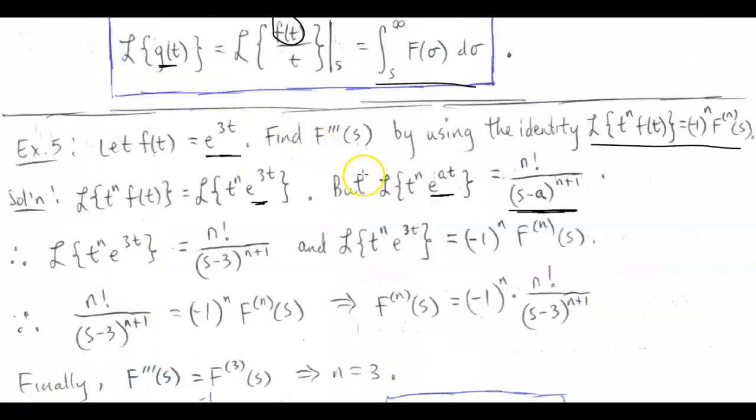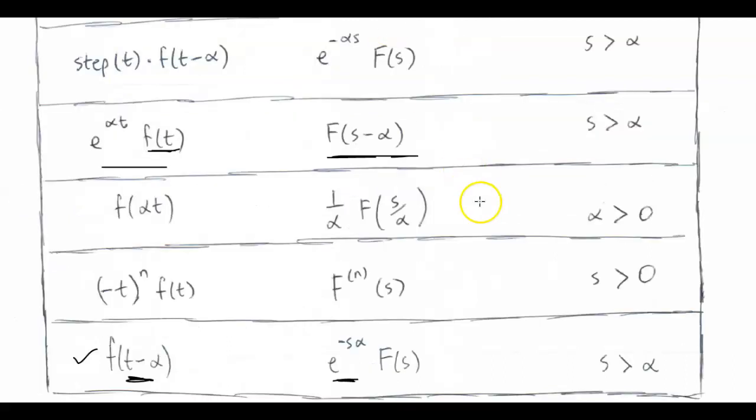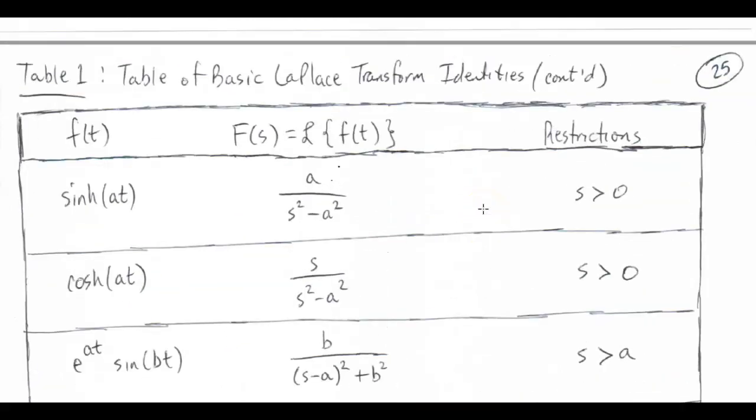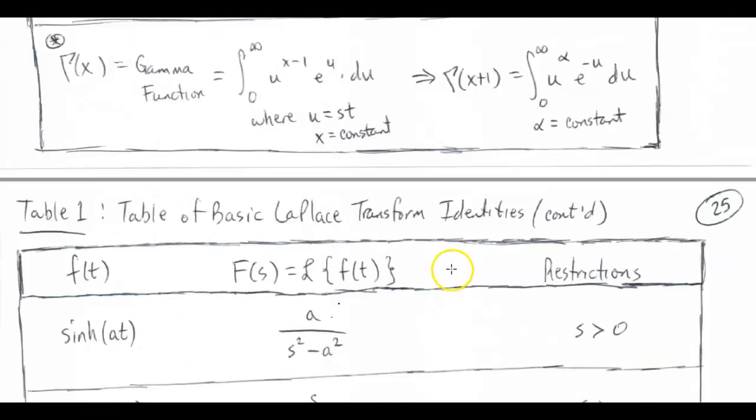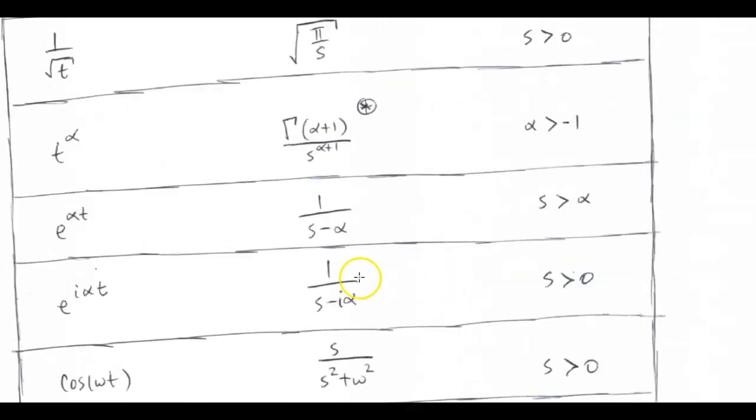So if we go back here, what we're actually seeing is we're going to take the Laplace transform of t raised to the n, and I'll go back to the tables again for that. Laplace transform of, I'll do it on the first page here.